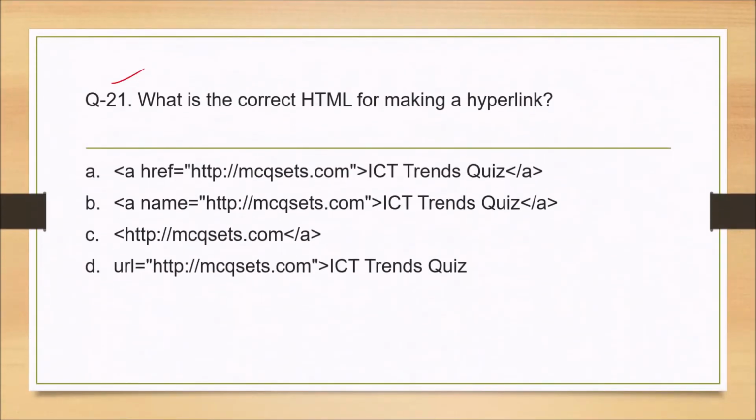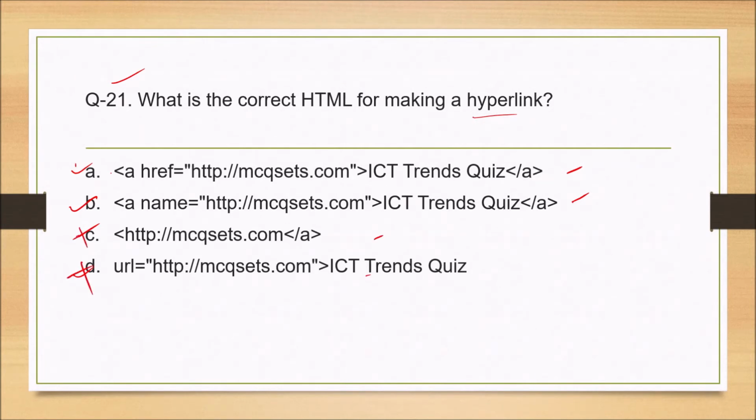What is the correct HTML syntax for making a hyperlink? And the options are A, B, C, and D. So here you can see in these 2 options A and B we have anchor tag. In these 2 options we don't have anchor tag, so directly you can eliminate.